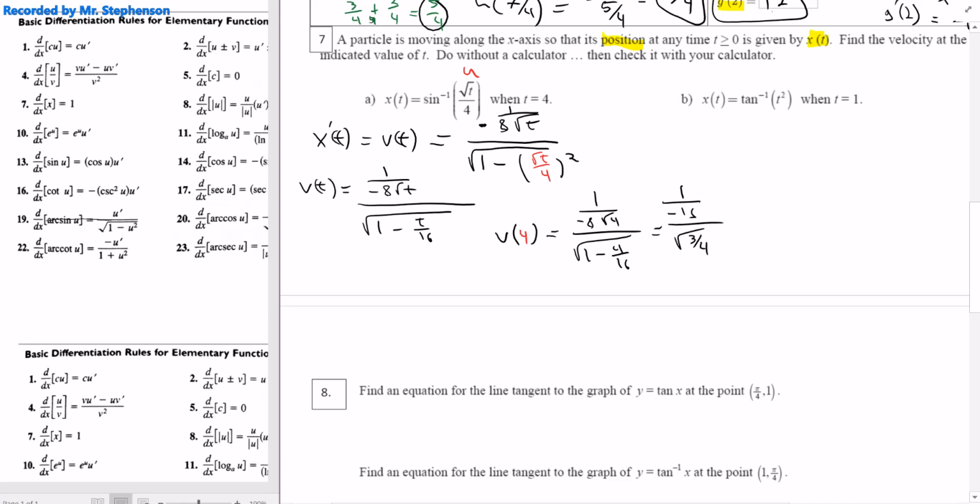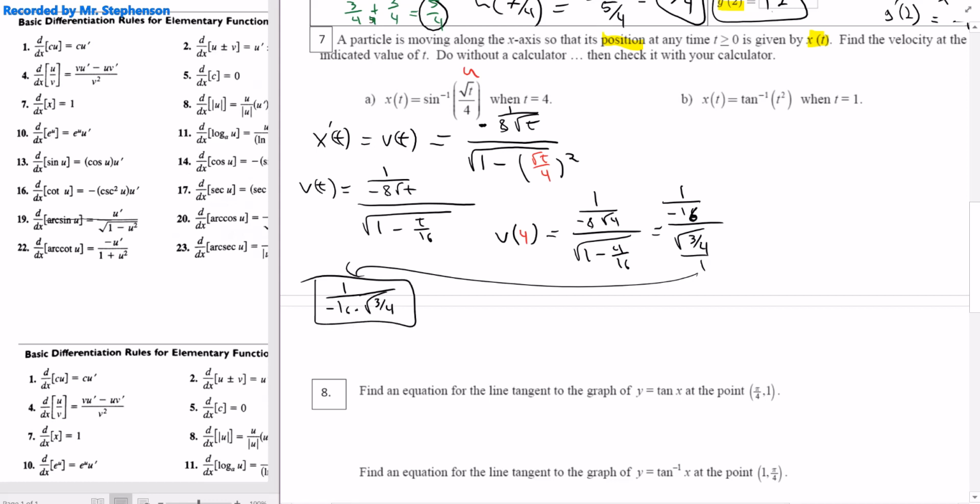And then this is like 3/4 over 1, which is going to be 1 over negative 16 times square root of 3/4. I think that's as simple as it's going to get.